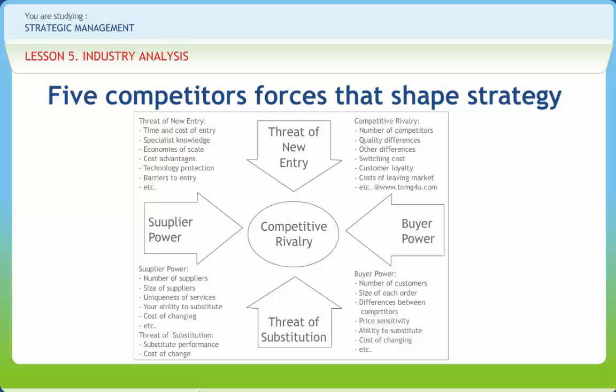Current players try to build high entry barriers to prohibit newcomers from entering. Examples of high entry barrier: strong distribution channel of ITC in the cigarette industry. Examples of low supplier power: HUL getting long credit periods from suppliers.